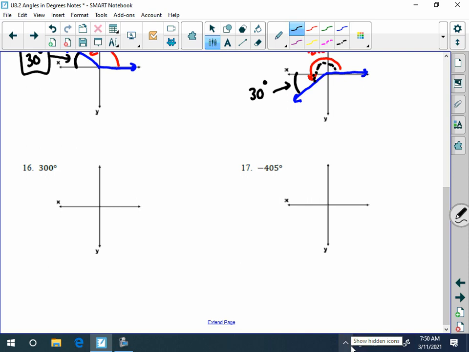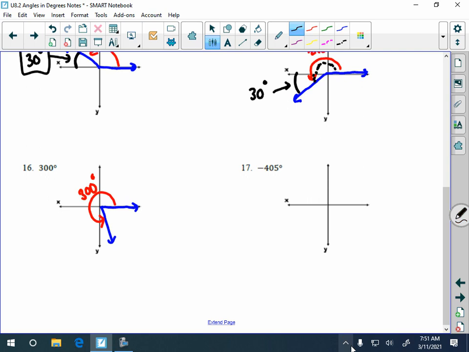All right, 300 degrees. So 300 is going to fall in quadrant 4. It's a little bit more than 270. And so this is 300 degrees.